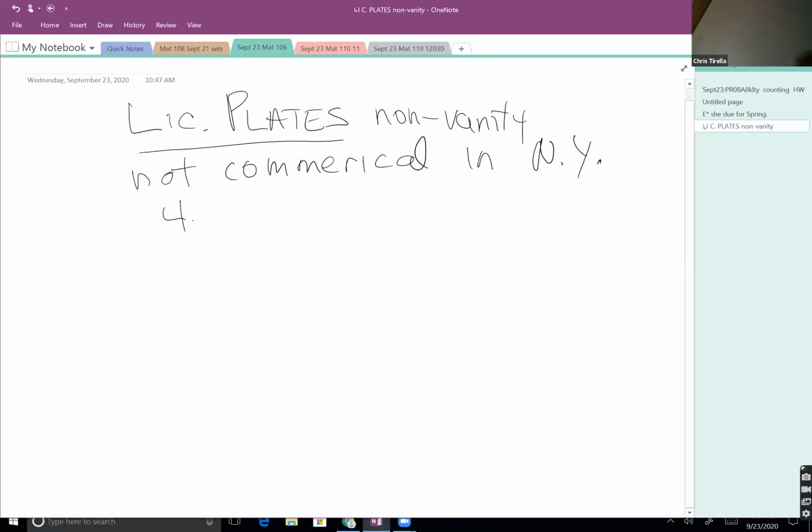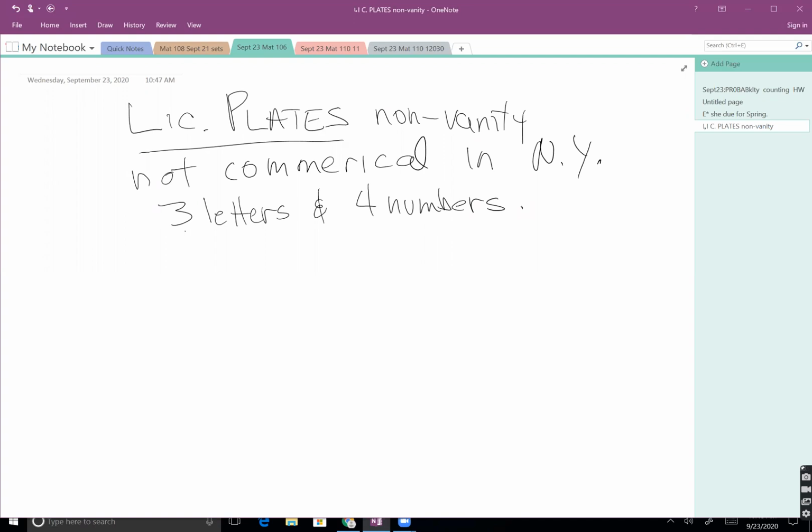My license plate has 3 letters and 4 numbers. How about you folks? Your license plates, is it 3 letters followed by 4 numbers? Yeah, I think so.